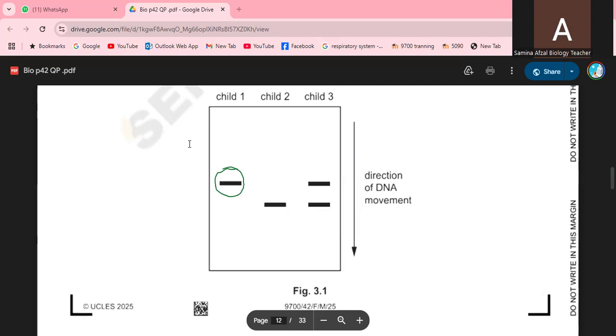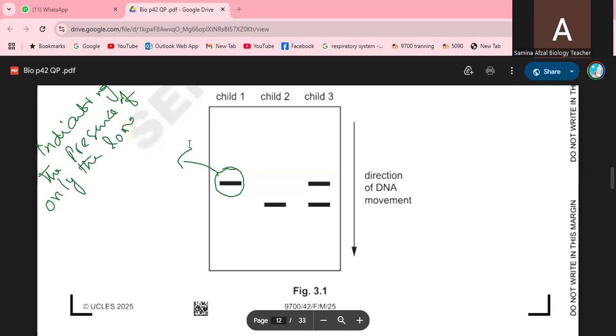So it indicates the presence of only the longer DNA fragment.